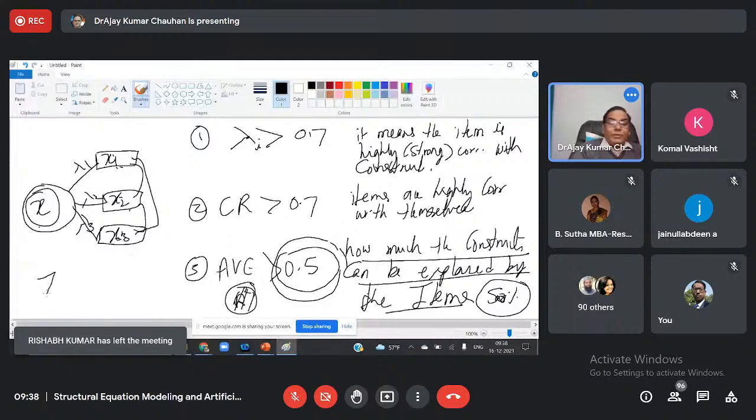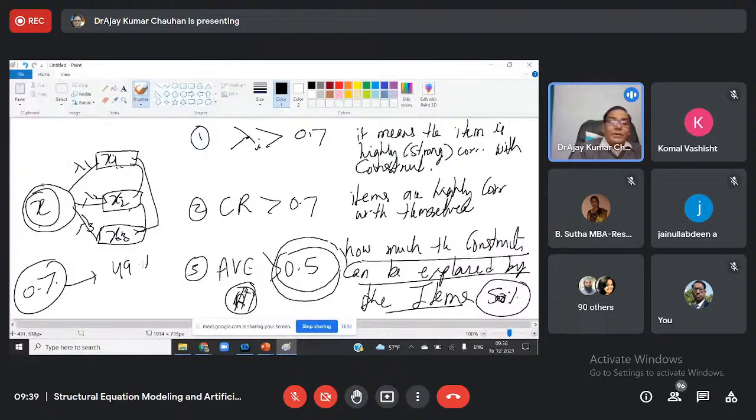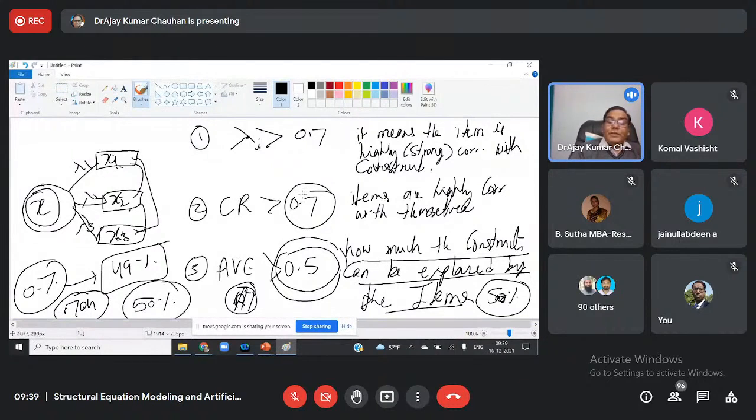Because the square of 0.7 is 49%. But if you take 0.704 or something like that, the square is 50%. So if the CR is equal to 0.7, then AVE should be greater than 0.5, because it is a squared sum of the lambda.